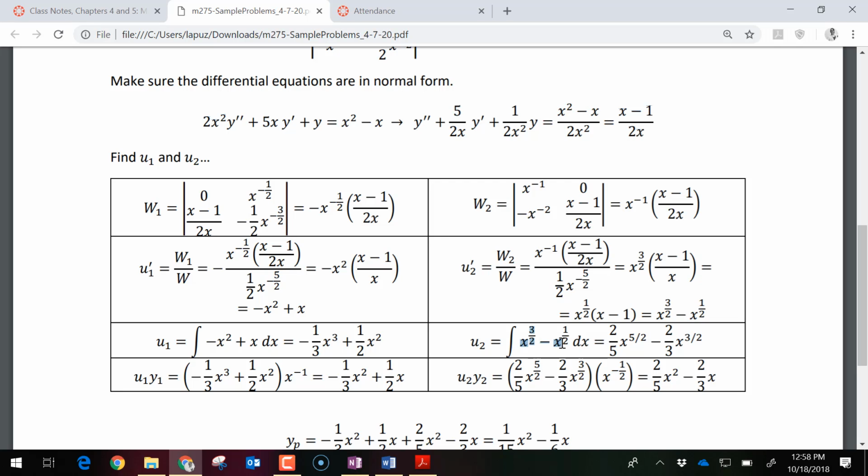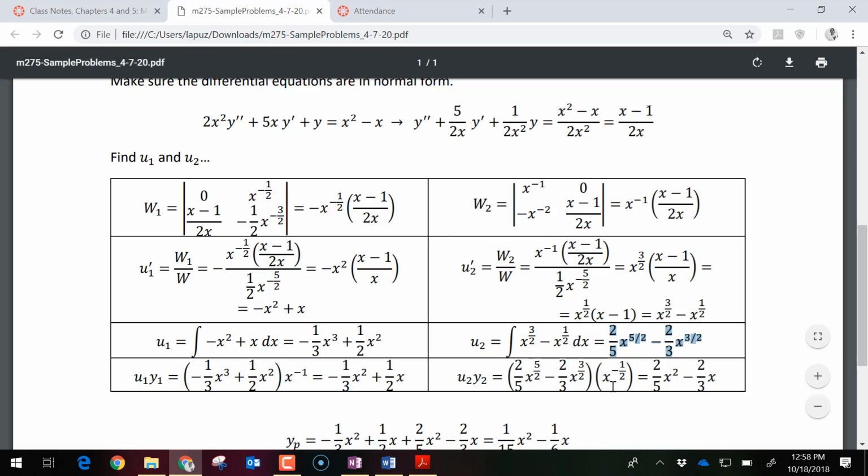So we integrate it, and we just have to be careful with the fractions. You add 1 to the power, so you have to make sure that you add the fractions correctly, and then you divide by that, which is the same thing as multiplying by its reciprocal. So this is what I ended up getting for U2.